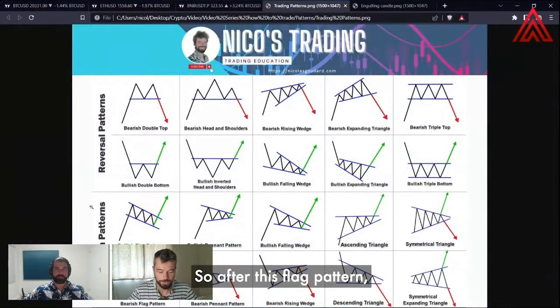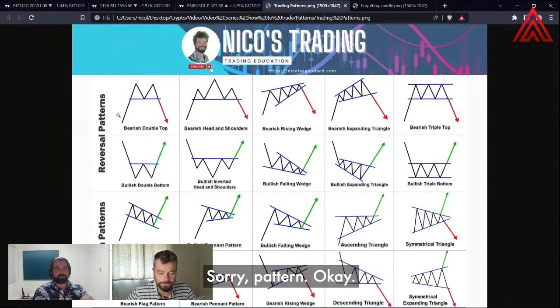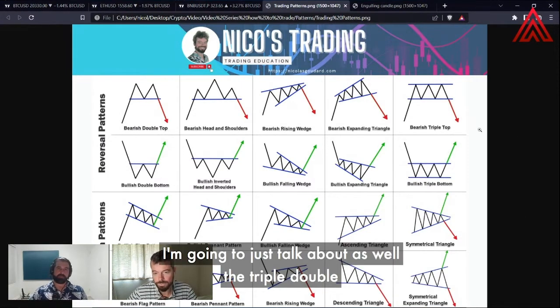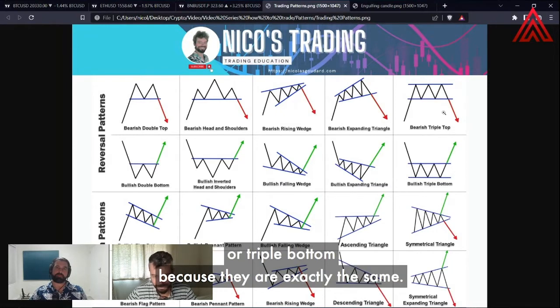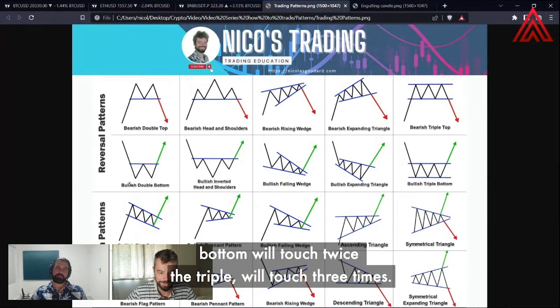Okay, so after this flag pattern, which can be bullish or bearish, let's have a look at a reversal pattern. Let's have a look at the double top, double bottom. I'm gonna talk as well about the triple top or triple bottom because they are exactly the same. The only difference is the double top or bottom will touch twice, the triple will touch 3 times.